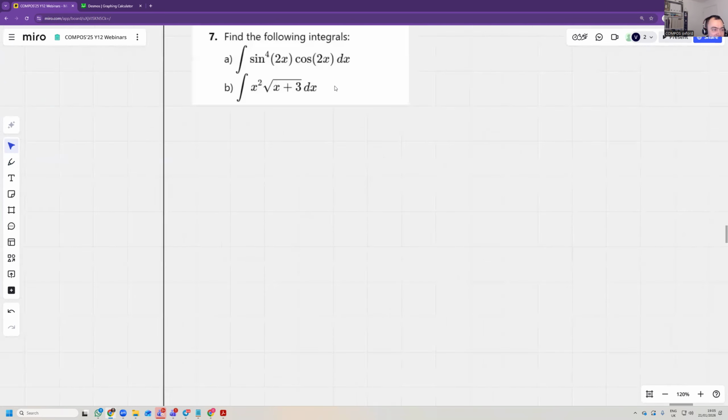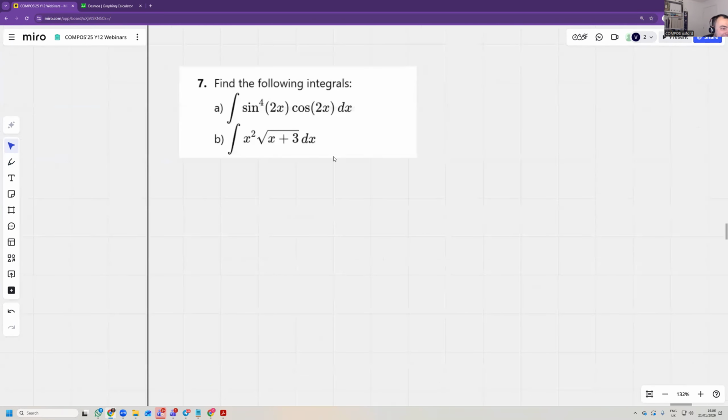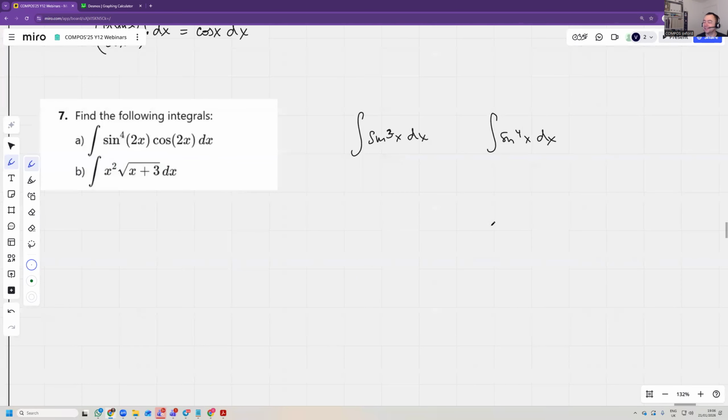Okay, find the following integrals. Integrals with sines and cosines are probably one of my favorites because if you take the integral of sine squared x dx and you take the integral of sine cubed x and sine to the power 4x dx, they look very similar, but they have two completely different ways of solving.